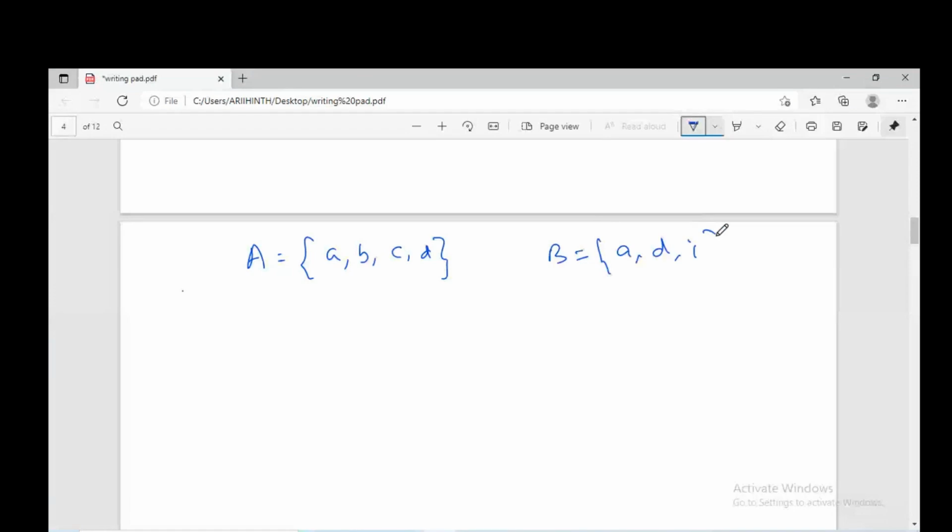First, we are going to find A union B. Always remember this while you are writing a competitive examination, UPSC examination, or whatever aptitude examination you are writing. Union is combining the two sets.